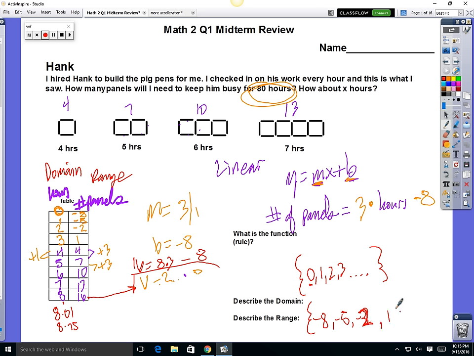I mean, really, this is the first realistic one right here. 1, 2, 3. So if you're gonna start with 0, you have to start with -8. If you don't want to include these negative panels, start with 1 panel. 1 matches up with 3, so then you'd have to start with 3 there, and I'd be fine either way.